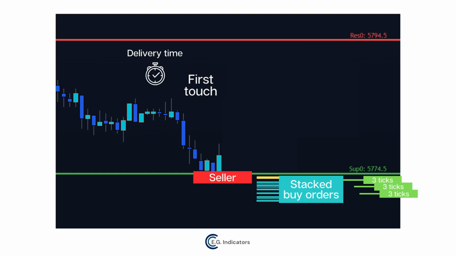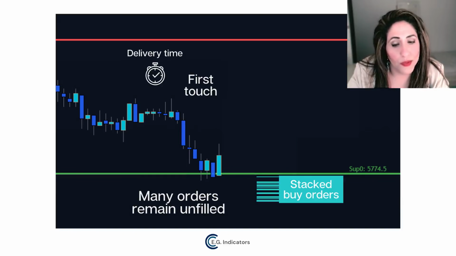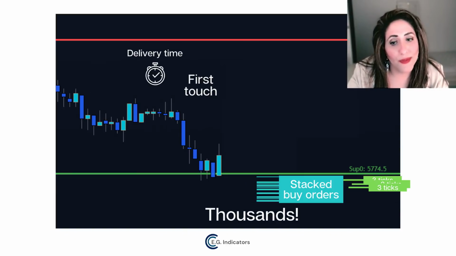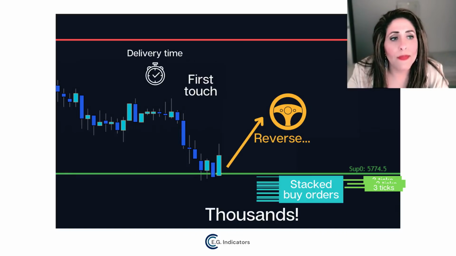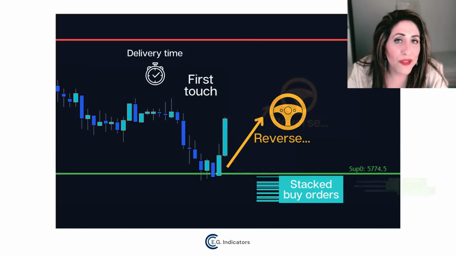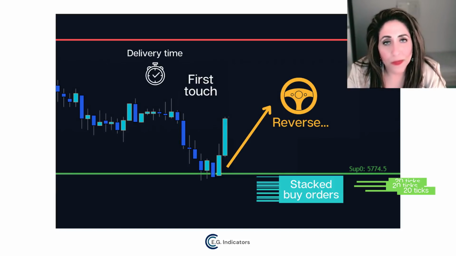But still, there are many unfilled buy orders left below the support. Many orders remain unfilled. Let's say thousands. Therefore, in this case, the market reverses because it must go somewhere. And the filled orders here are lucky because they're in green, they're in profit.